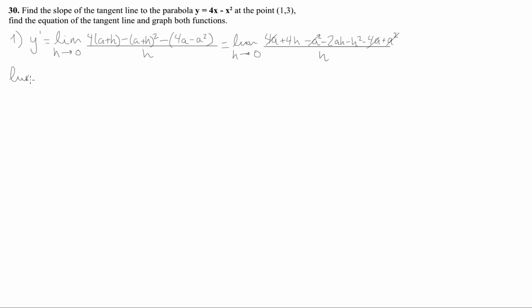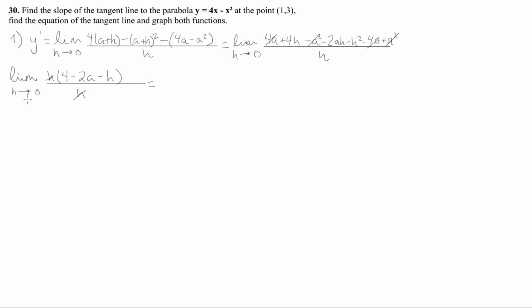So the next step, limit when h is approaching 0. I'm going to factor out this h from this term, this term, and this term. So I'm left with 4 minus 2a minus h. This is what we are looking for, to cancel out this h.